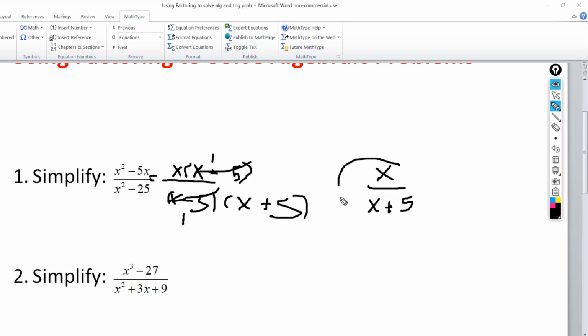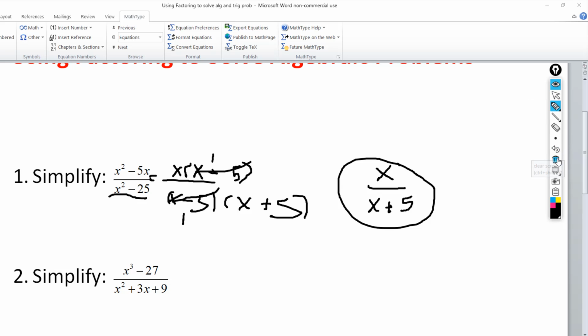And this is the simplified form. Now, if I didn't have any factors in common in the numerator and the denominator, then we would simply give the original answer right here and say it's already simplified. Okay, so that's your solution to that one, x over x plus 5.